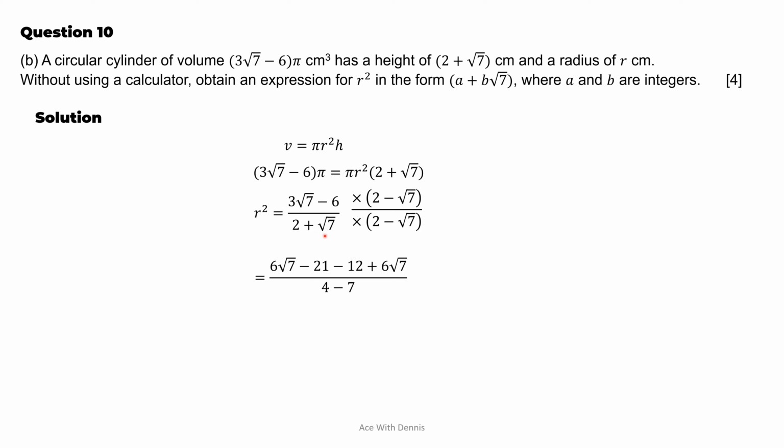Okay, because (2 + √7)(2 − √7) will be 2² minus √7². Alright, will be negative 33 plus 12√7 over negative 3. And simplify, we get 33 minus 4√7.